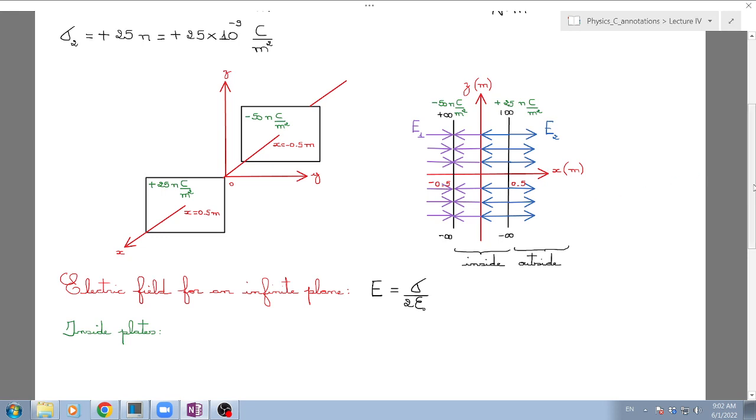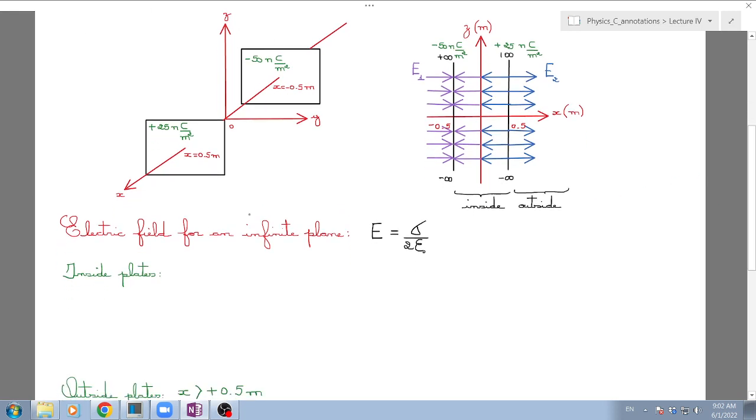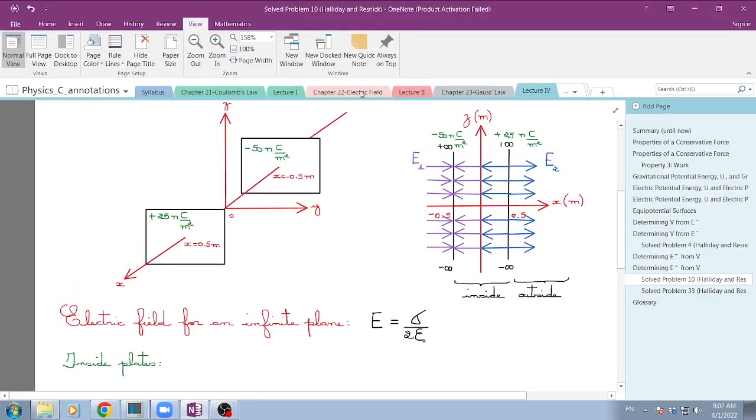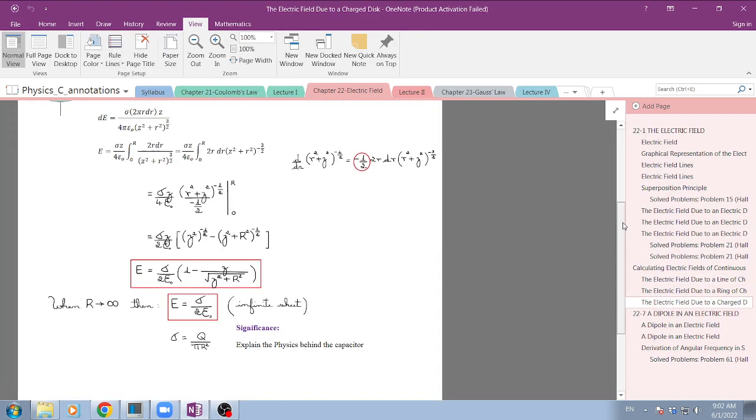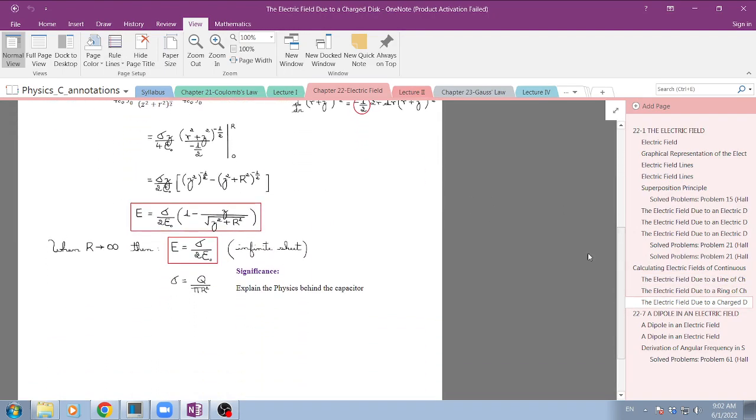With this in mind, we have to remember that the electric field for an infinite plane is given by this expression here. If you don't remember, you can go back to our previous class, our second lecture, where we derived the expression for the infinite plane.